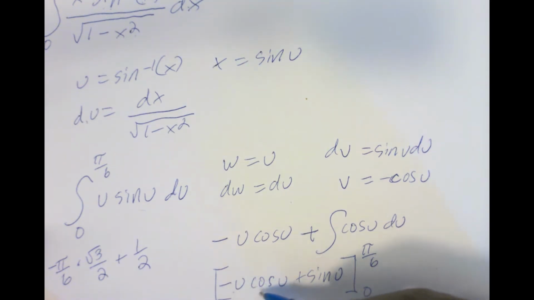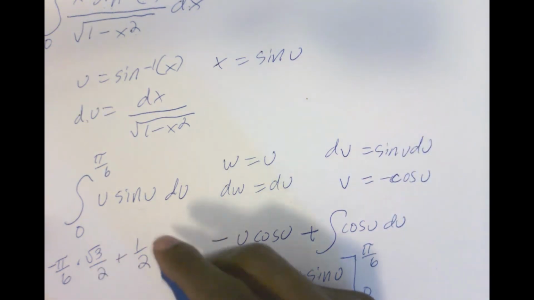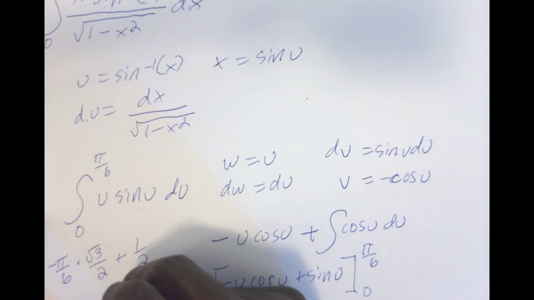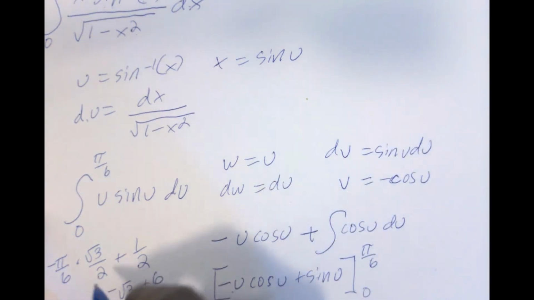Cosine of 0 is 1, but that's 1 times 0, which is 0, and sine of 0 is 0. We're left with this expression, which we can write as negative square root of 3 plus 6 all over 12.